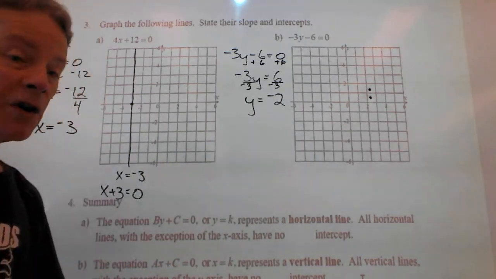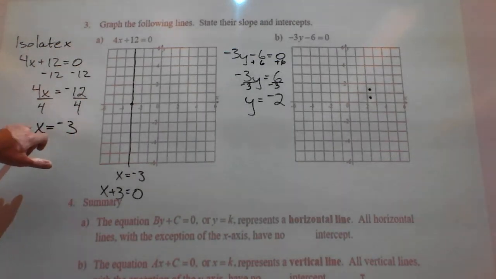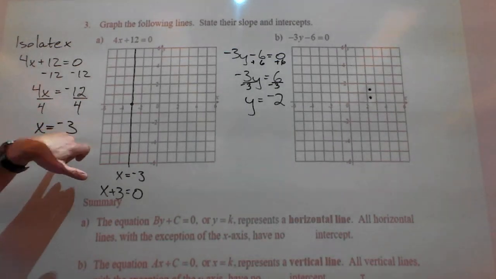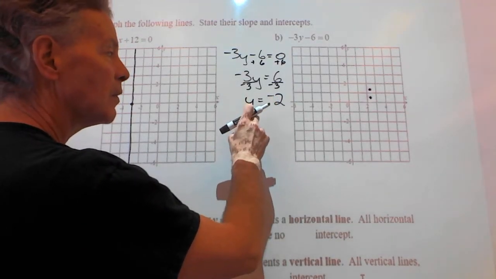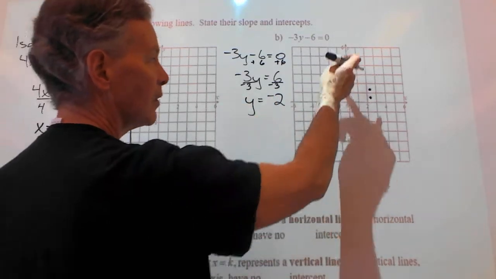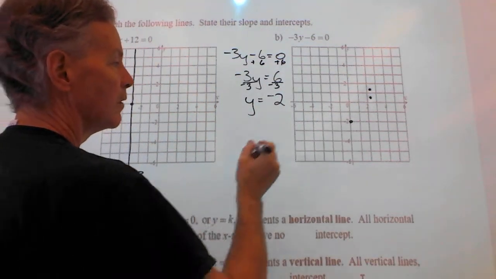Now, just as x equals negative 3 tells you it crosses the x-axis at negative 3, y equals negative 2 tells you this one crosses the y-axis, the vertical axis, right here at negative 2.